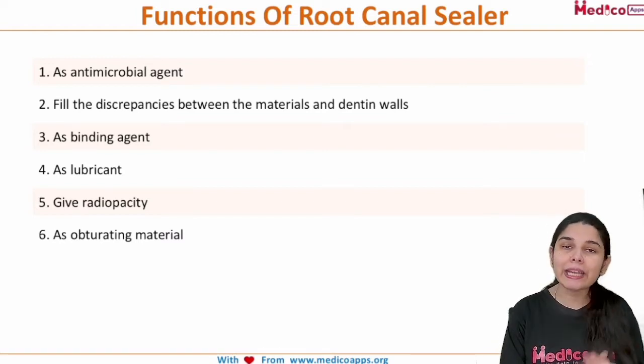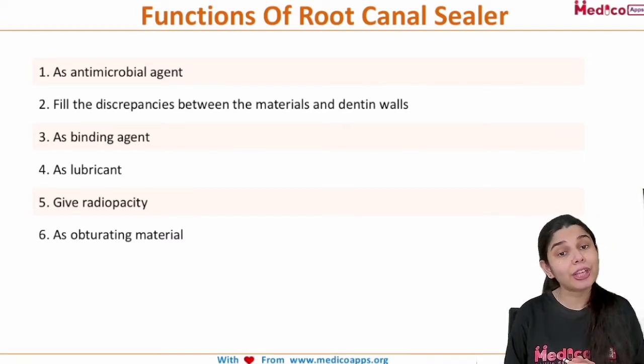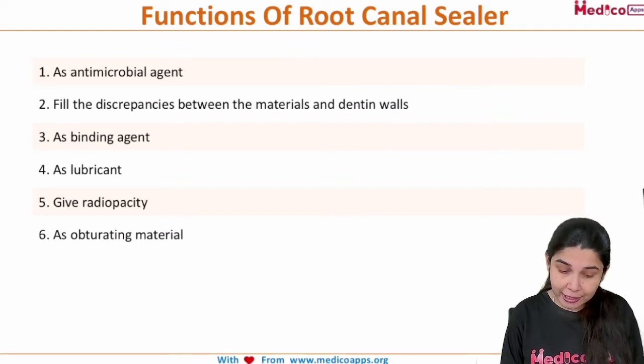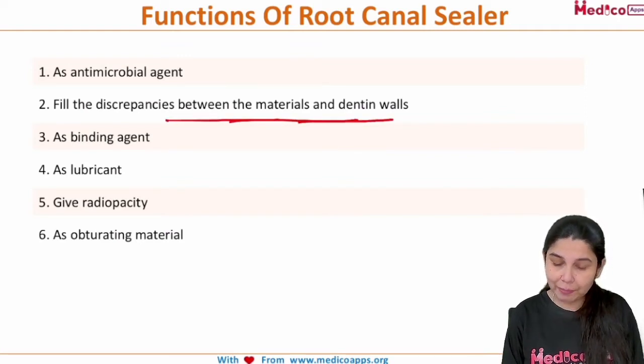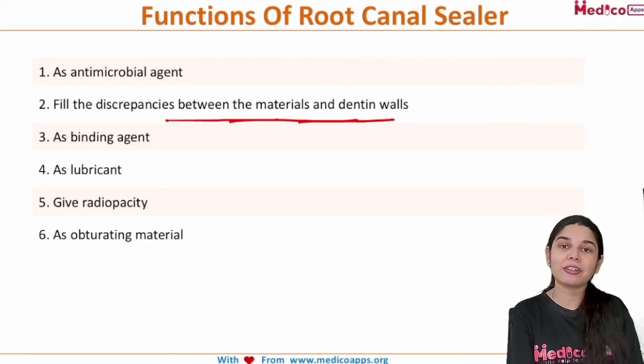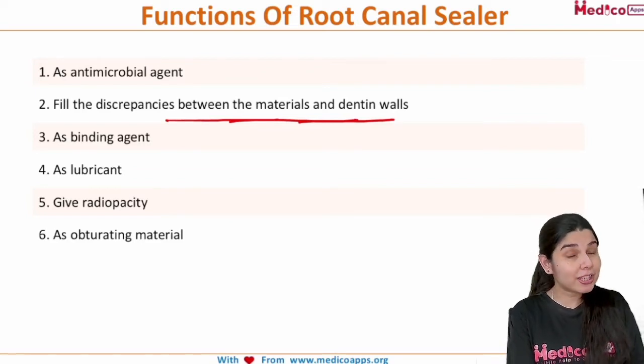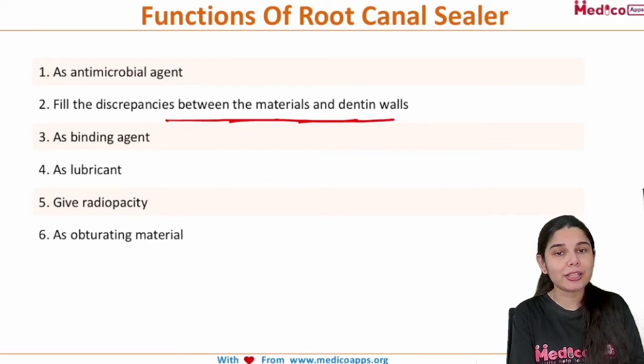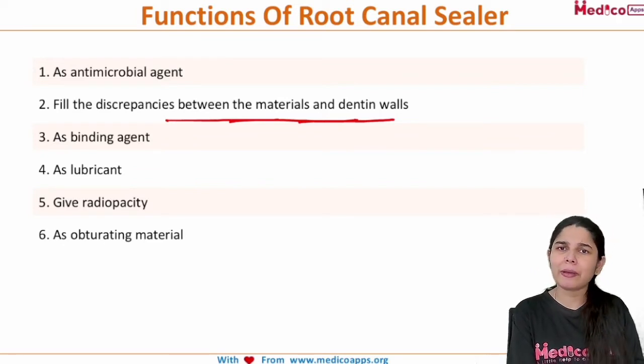The second important function of the root canal sealer is filling the discrepancies between the material and the dental wall, and this is actually the correct answer for our question asking the purpose of the root canal sealer. What do you understand by that?